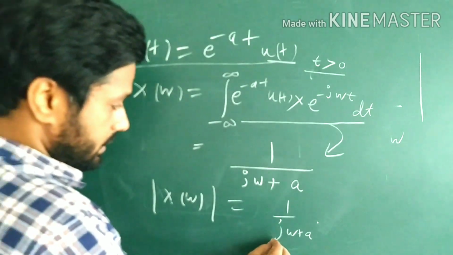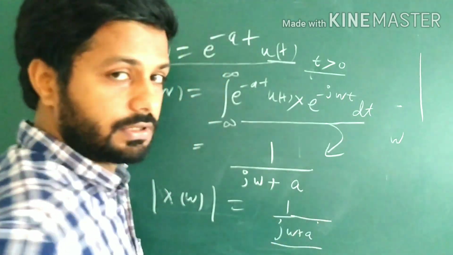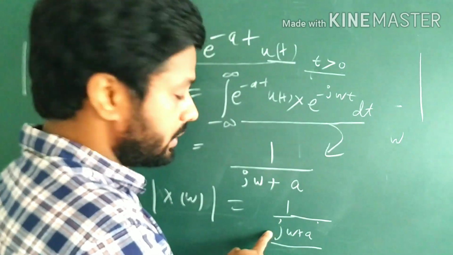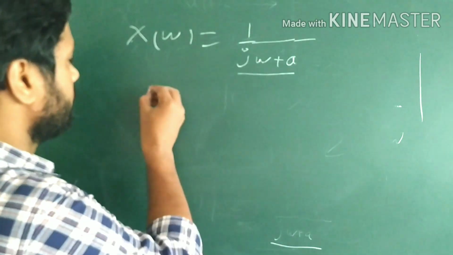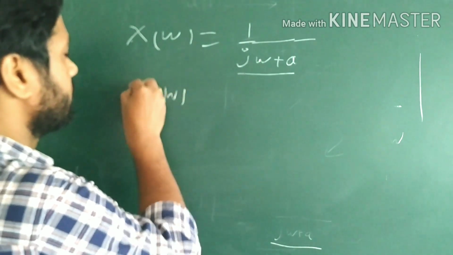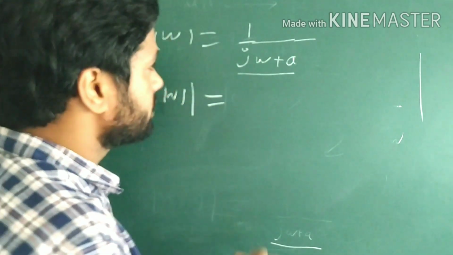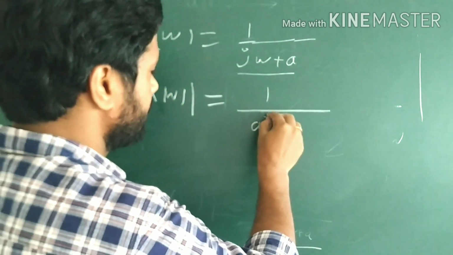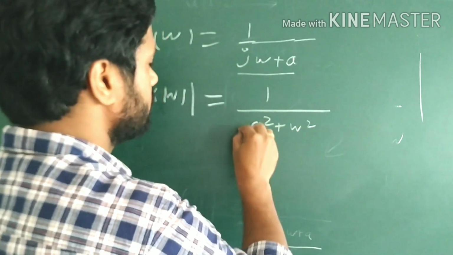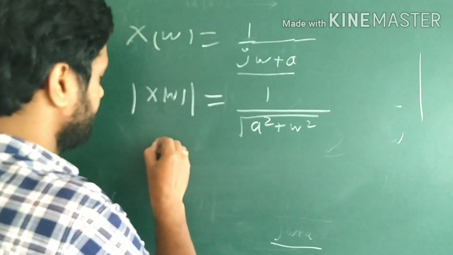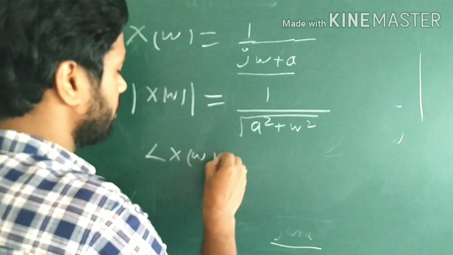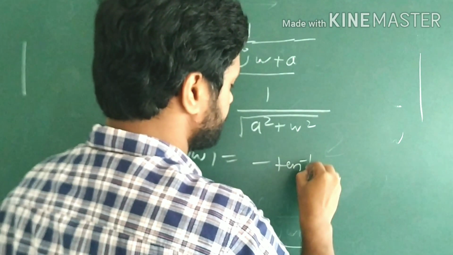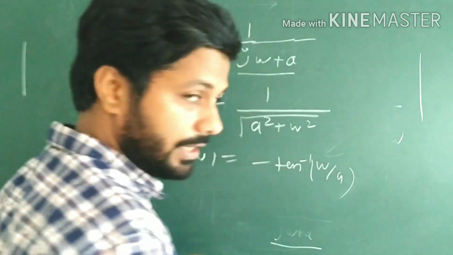We can see that this is a complex number. So here amplitude and angle are both present. So this complex number has its modulus. We know that the modulus of that complex number is 1 by square root of a square plus omega square, and the angle of that complex number will be minus tan inverse omega by a.